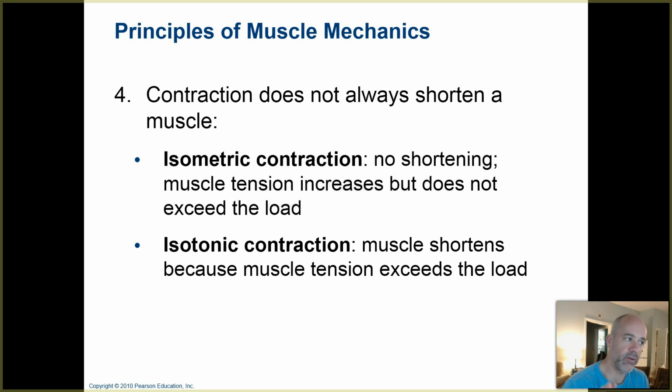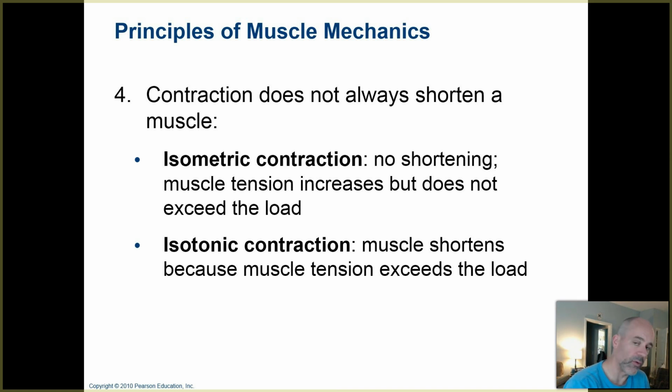Because isotonic contractions, so here we're defining isotonic contractions as one in which the muscle shortens because the tension that the muscle is generating exceeds the load. So if you are holding a dumbbell in your fist and you're generating tension in your biceps brachii muscle that exceeds that load, you're going to be able to bring the dumbbell closer to your upper arm. You're going to have flexion at the elbow joint.